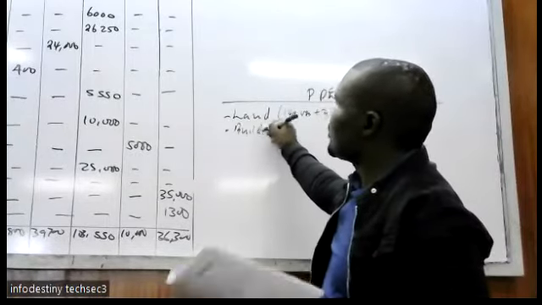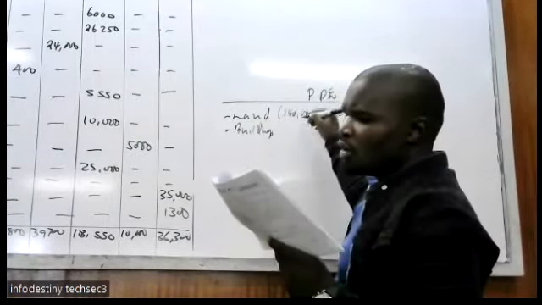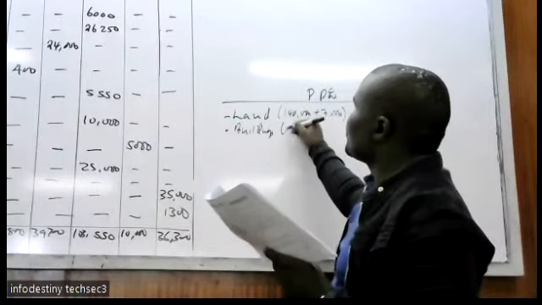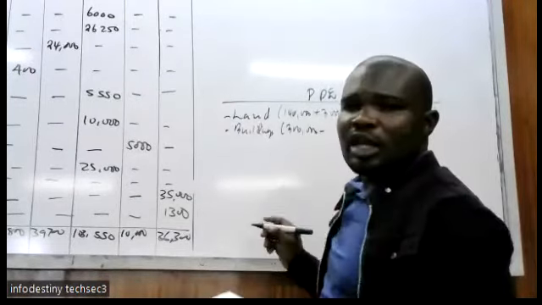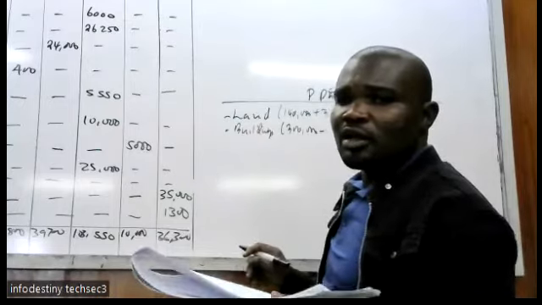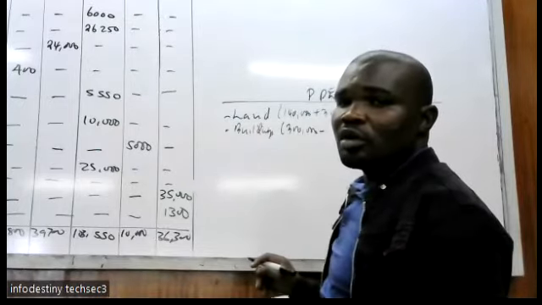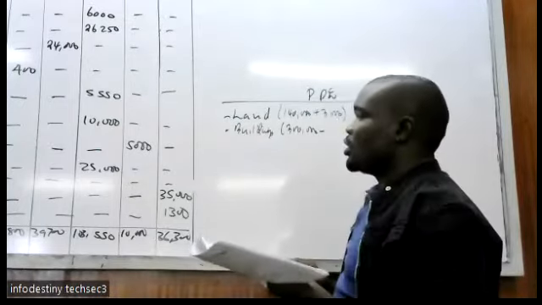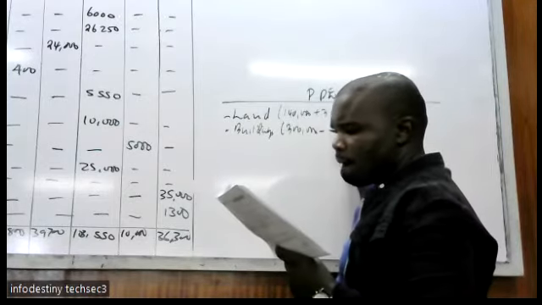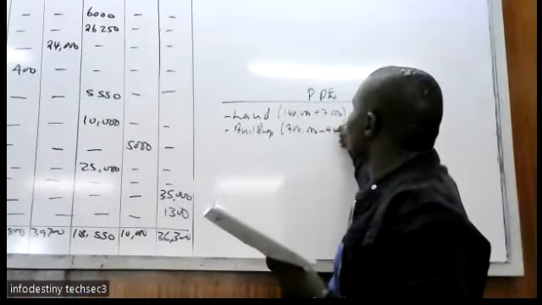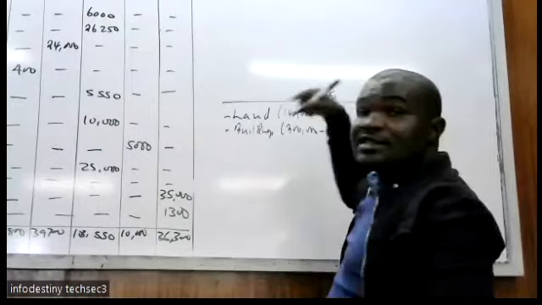So buildings, you will take the cost, 300, minus accumulated depreciation. So 300 minus 48,200 minus this year.